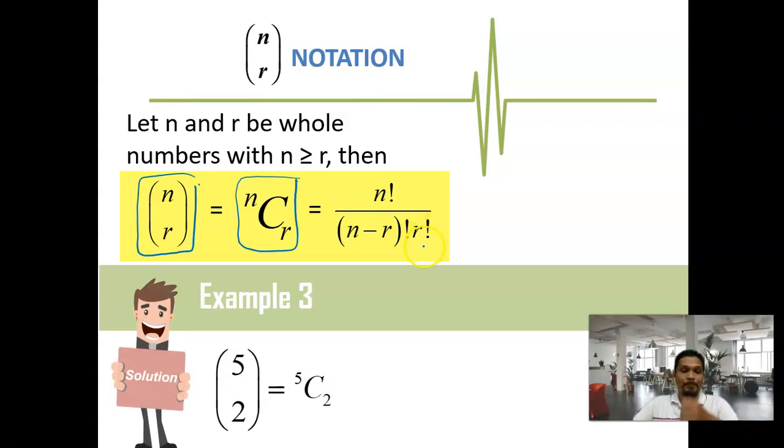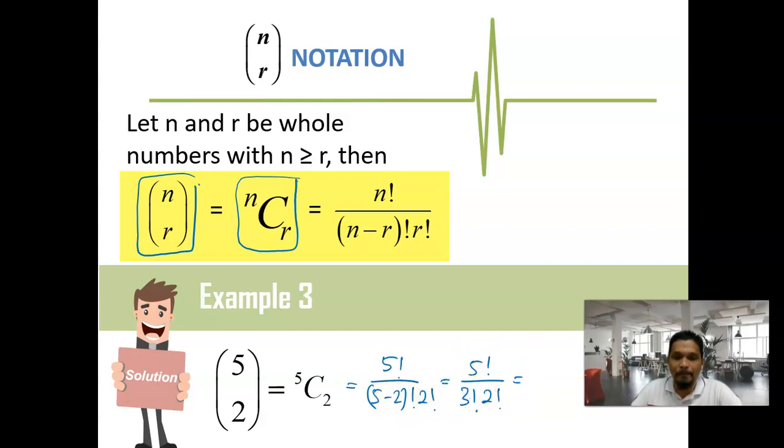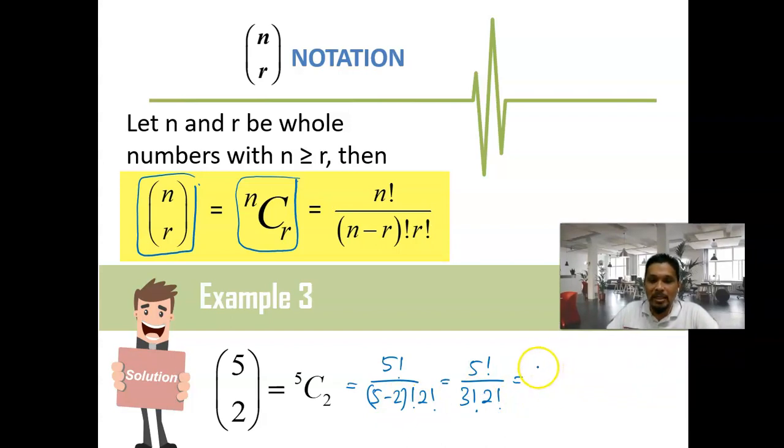So for this one, 5 and 2 is going to be 5 factorial divided by 5 minus 2 factorial and 2 factorial, which is 5 factorial divided by 3 factorial, 2 factorial.